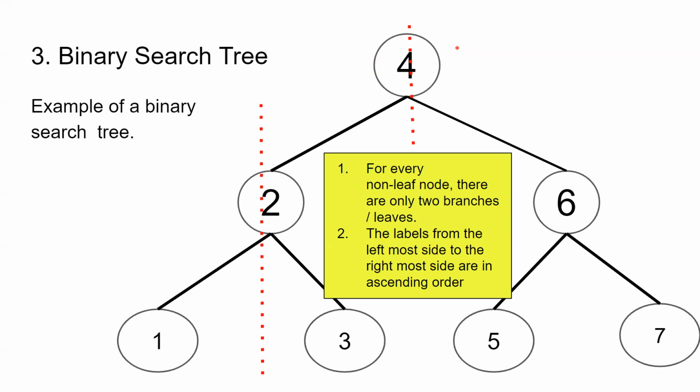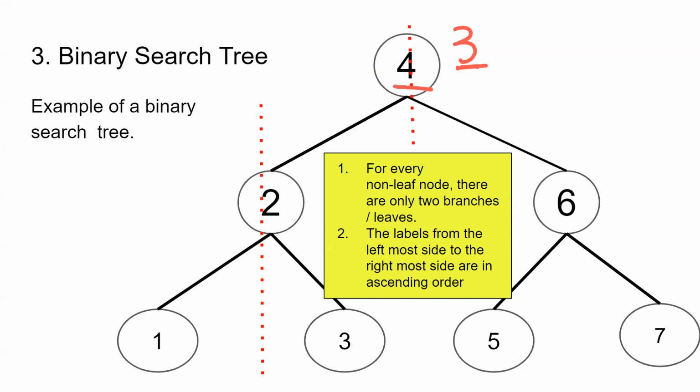So if I want to search a number from the start, let's say 3. I want to search 3. To find which place the data is stored, I will compare it with the root first.